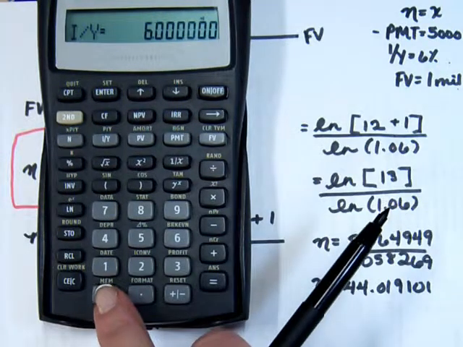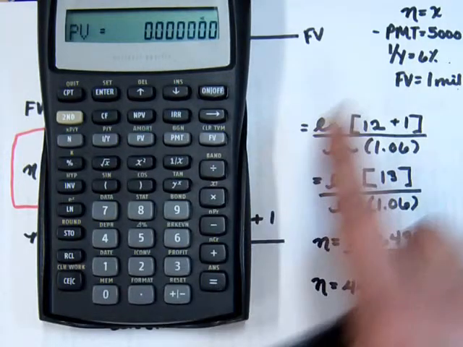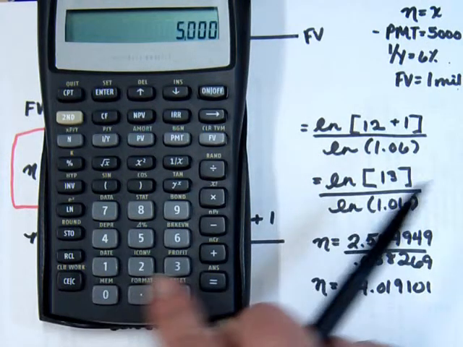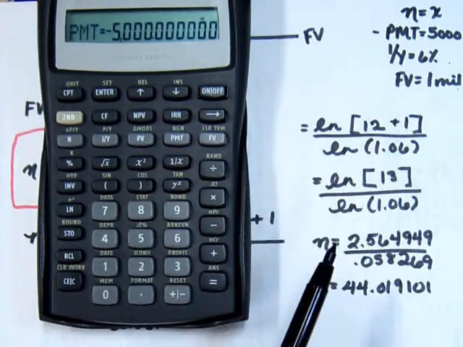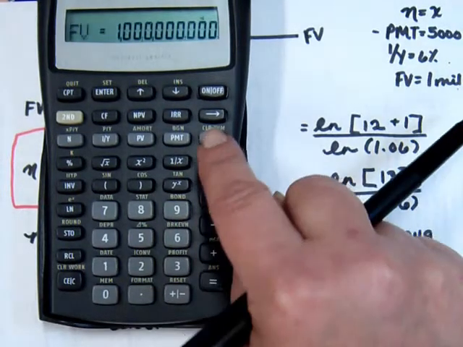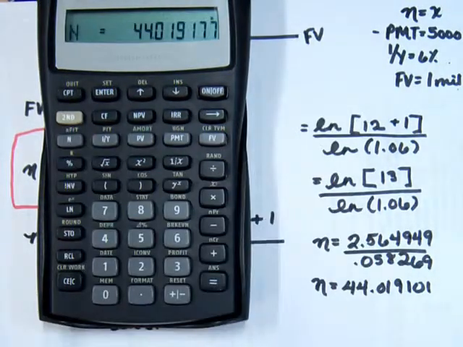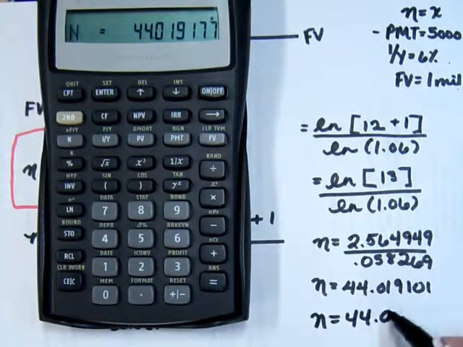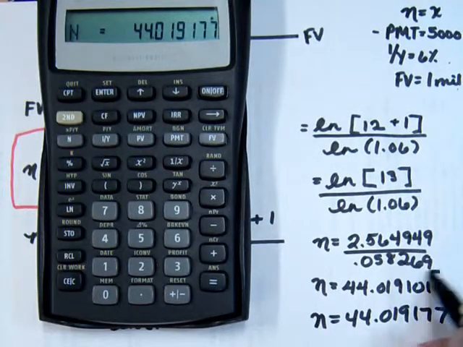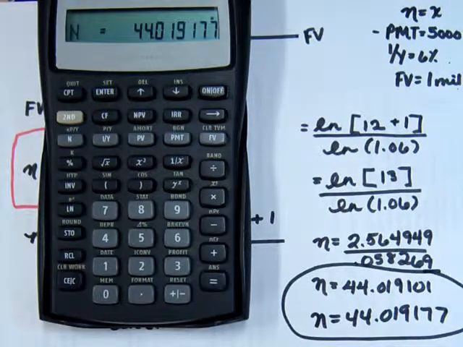We have 0 present value. We're putting in our payment as a negative, and we know we want to have $1 million here. So that's going to be our future value, and then we compute N. When we compute N, we get 44.019177, which is very, very close to what we calculated above.